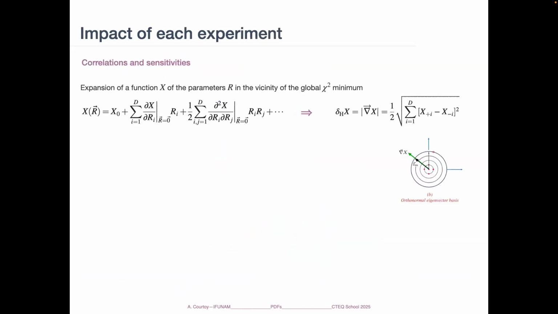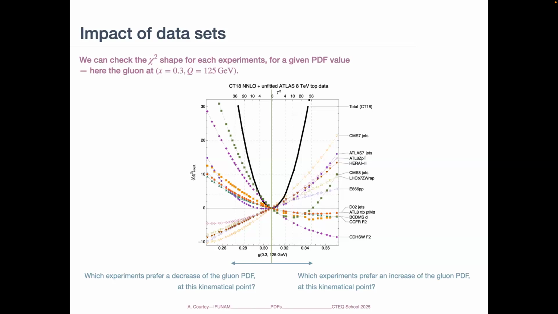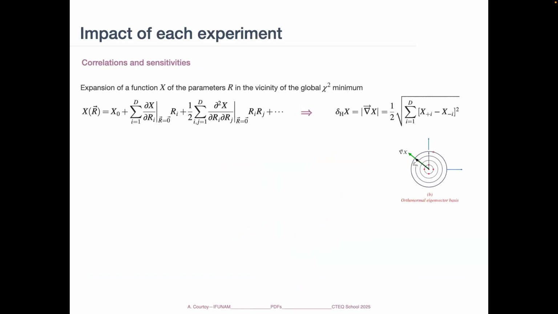You can do some things that are much simpler, because here we have one x and one Q, but you would like to understand what happens for many x and Q values. So if you go back to the expansion that I showed about the chi-square, you can expand any observable, any quantity that depends on the PDF.